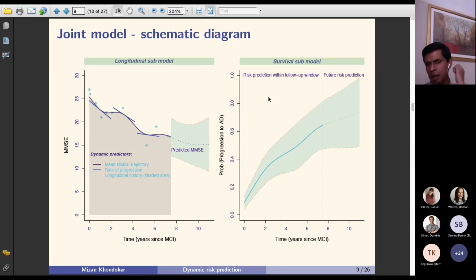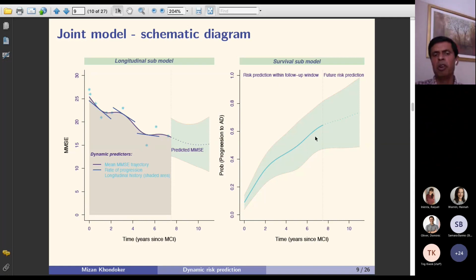This is a hypothetical plot, but based on the idea of the ADNI data set. Here the time to event is Alzheimer's disease, and the start of the follow-up is MCI. You can see that as the mini-mental score declines over time, it increases the risk of converting to Alzheimer's disease.